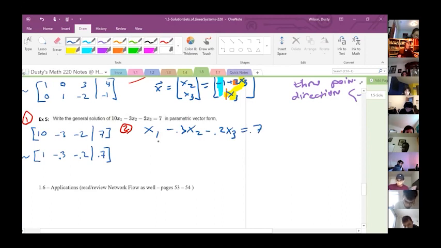And then we have x2 is free, x3 is free.